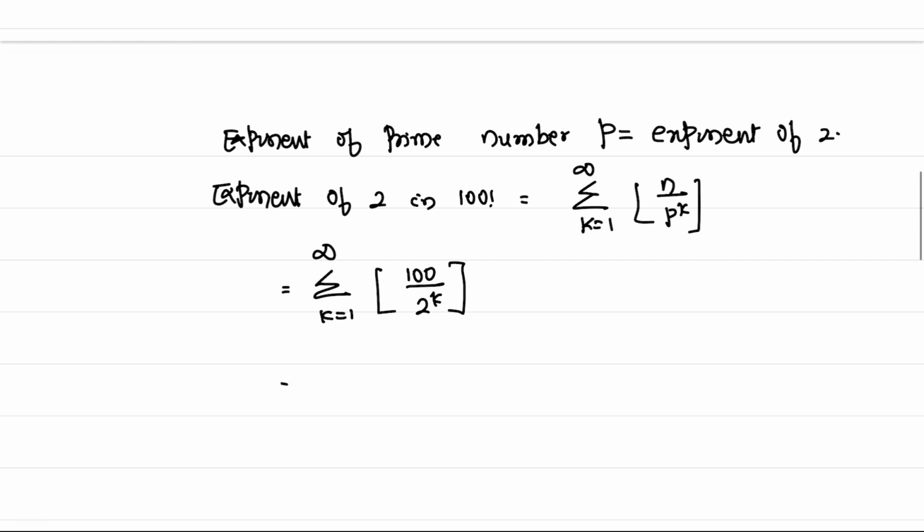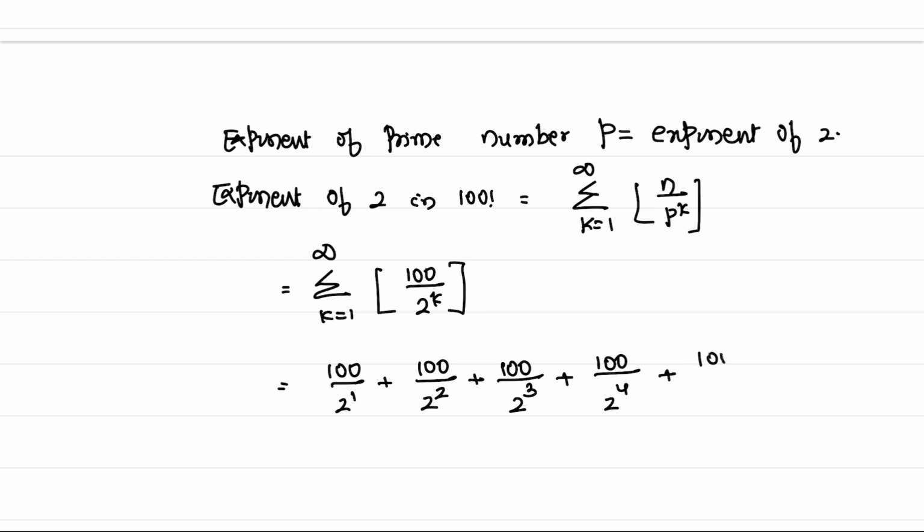When k is equal to 1, what is the value? 100 by 2 to the power of 1, plus k is equal to 2, 100 by 2 to the power of 2, plus when k is equal to 3, 100 by 2 to the power of 3, plus k is equal to 4, 100 by 2 to the power of 4, plus k equal to 5, 100 by 2 to the power of 5, plus 100 by 2 to the power of 6, plus go on.